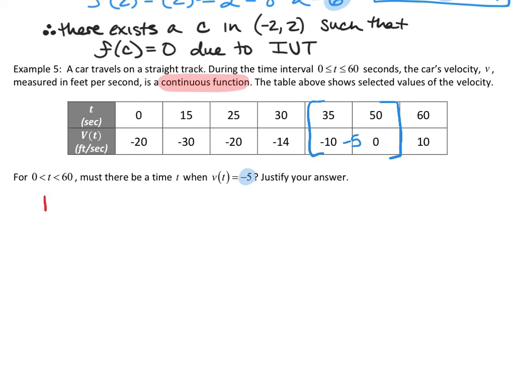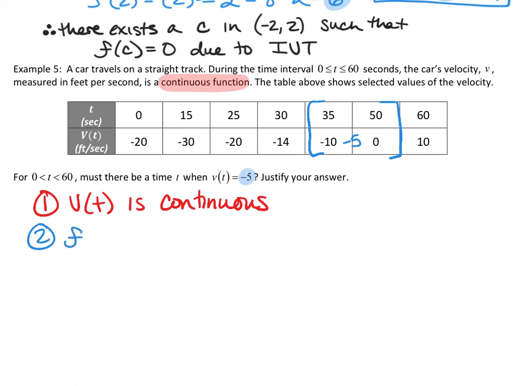Number 1, v of t is continuous. We literally just have to state that because it's part of the intermediate value theorem. But they told us that in the question, so that's enough information. The second part was to show that f of the first interval, 35, is equal to -10. I got that straight out of the table. 35, -10.